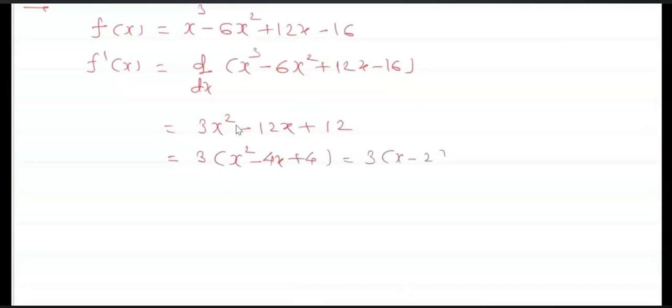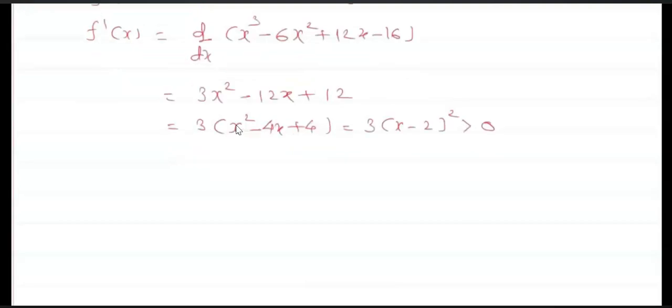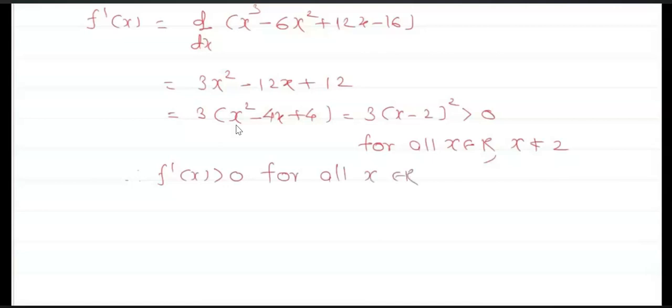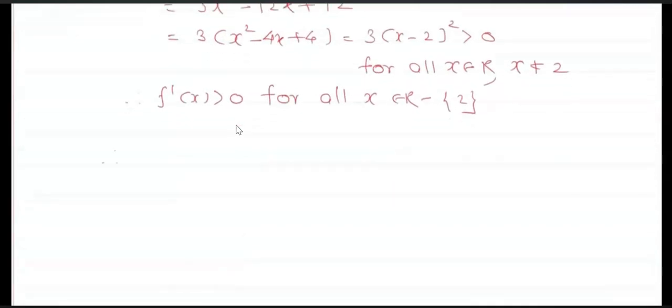This is 3 in bracket x minus 2 whole square, which is positive for all x belonging to the set of real numbers. That's why the given function is increasing when its first derivative is greater than or equal to 0, or you may take it like this also, f dash of x is greater than 0 for all x belonging to R.